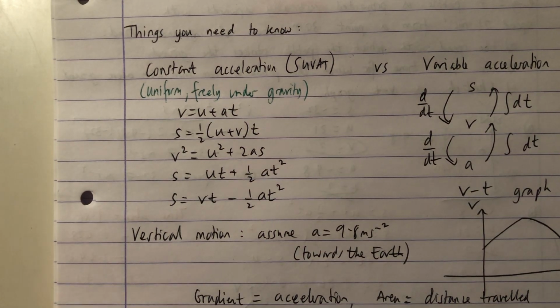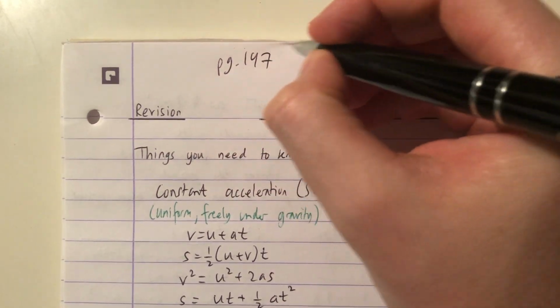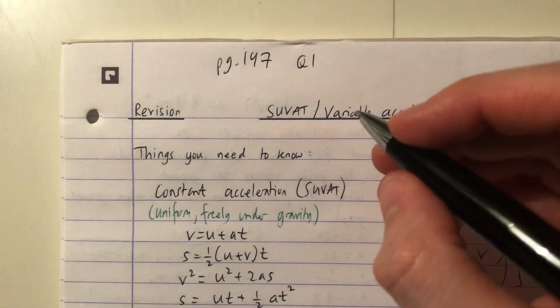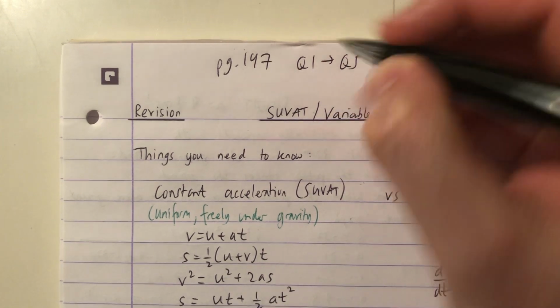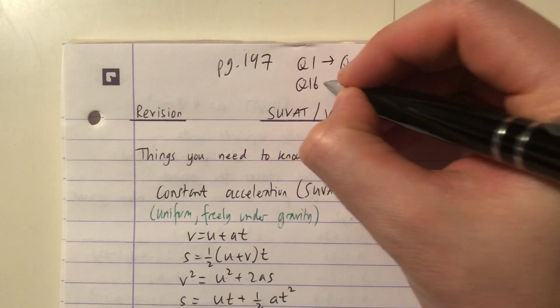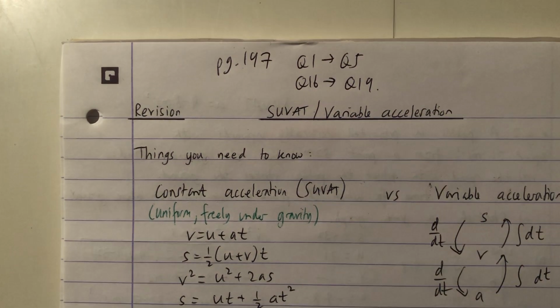It's going to be page 197, question 1 up to question 5, but also a few more parts which would start at question 16 and go up to question 19, and that would be it.